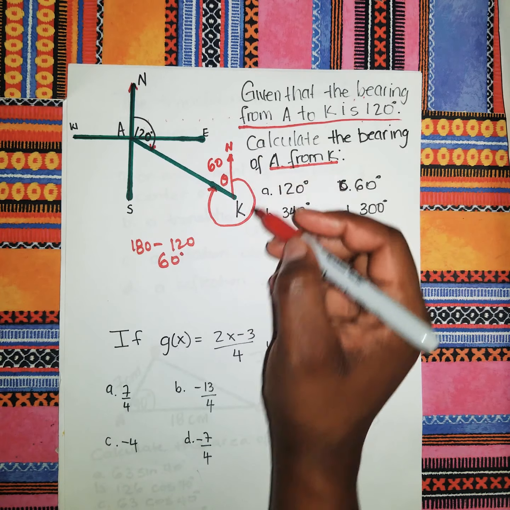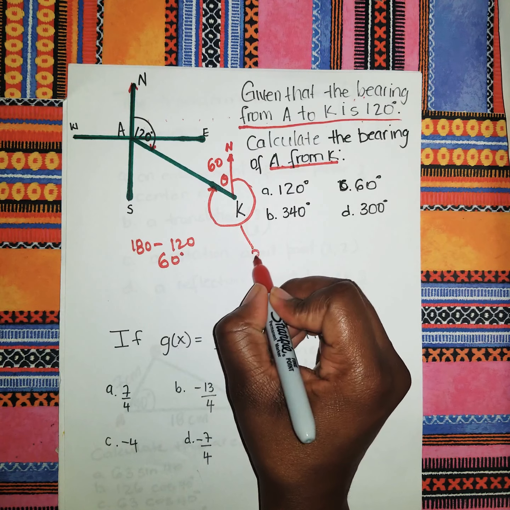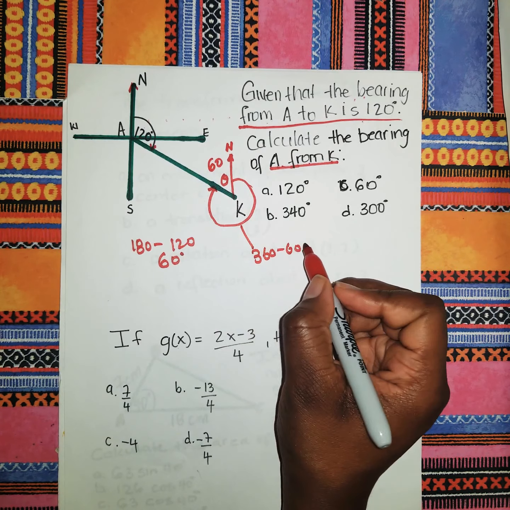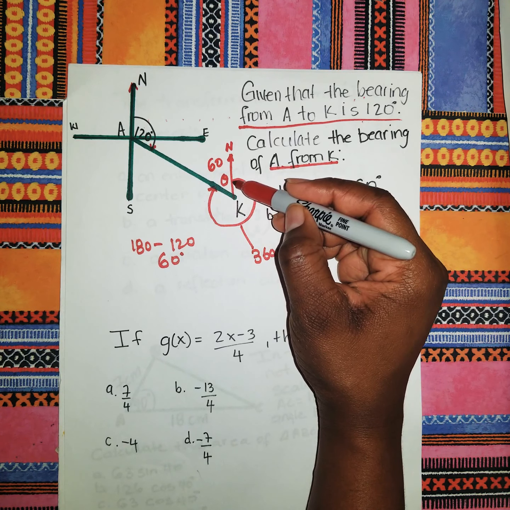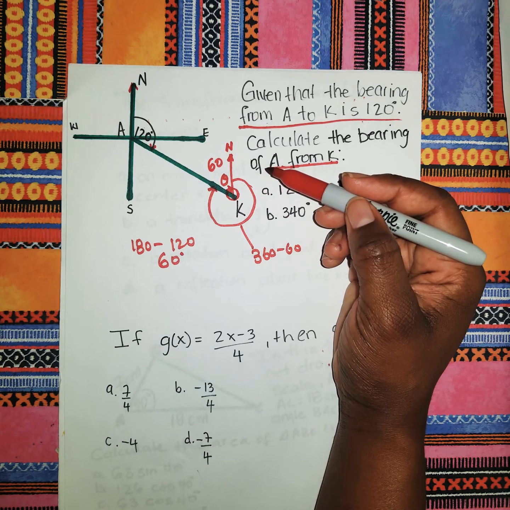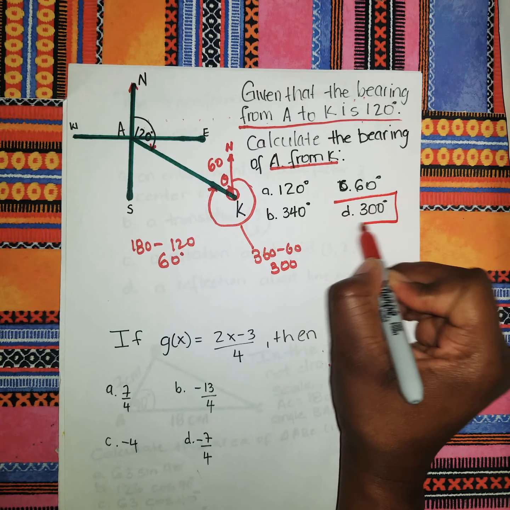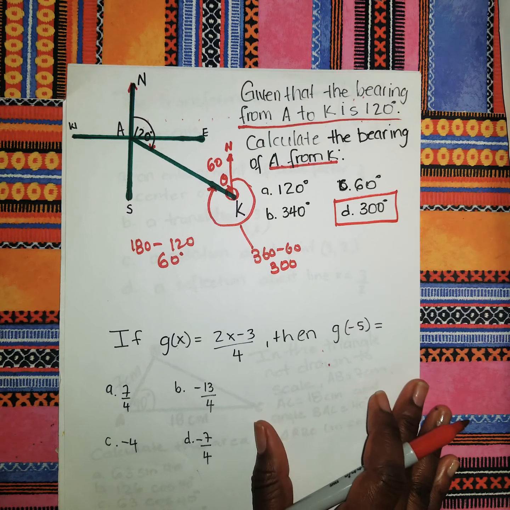So if this angle here is 60, this angle around here would be 360 subtract 60. How do I know 360? Angles at a point equal 360. All right, so from here to here would be 1 revolution. But we know 60, so to get this part, we subtract it from 360 to give us 300. And so that's our answer. I hope you are understanding so far.